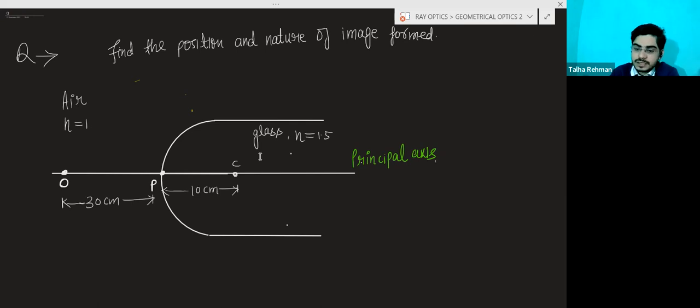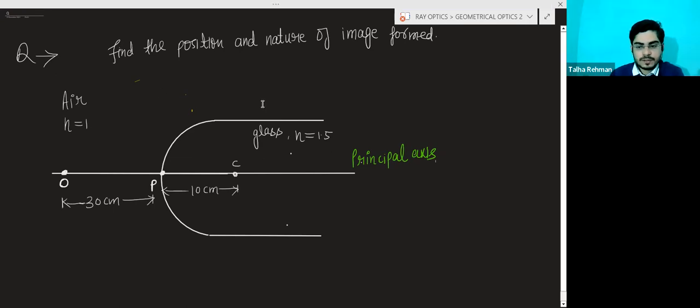And we want to find where the image will form. So how can we find where the image will form? Very easy.